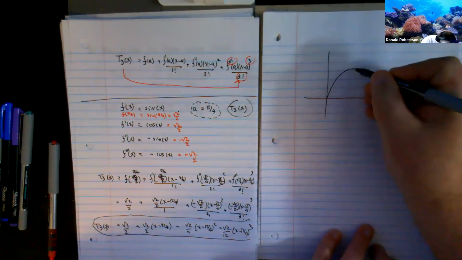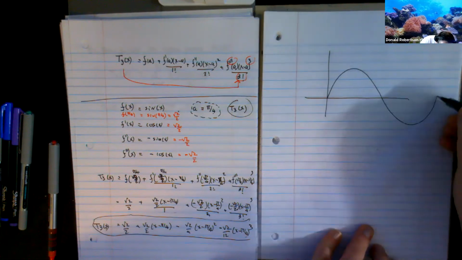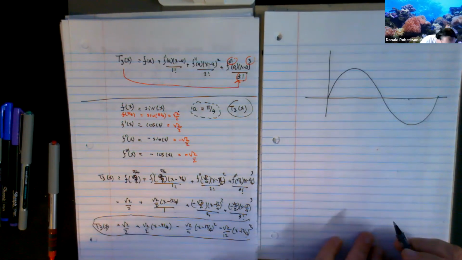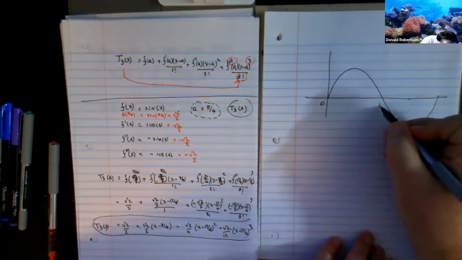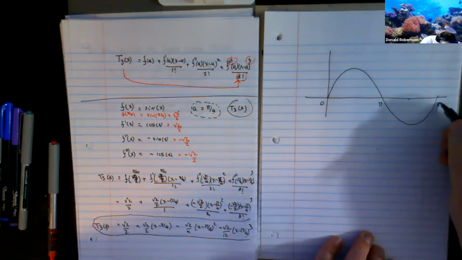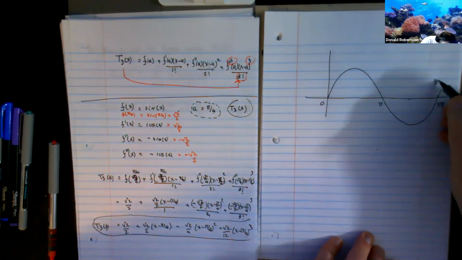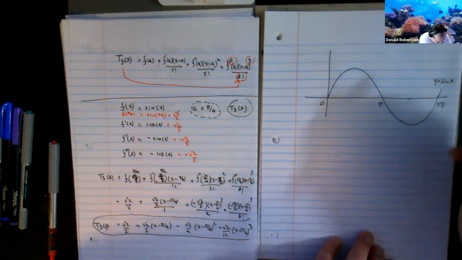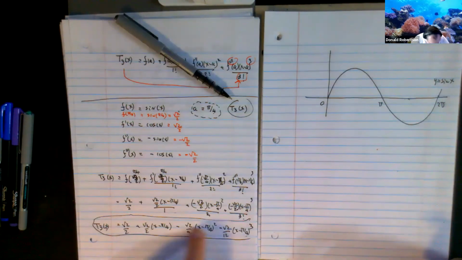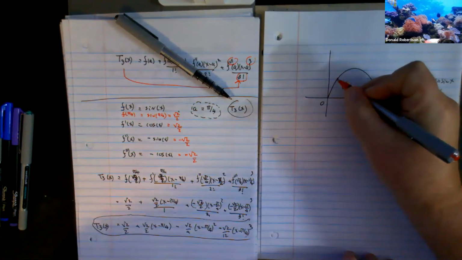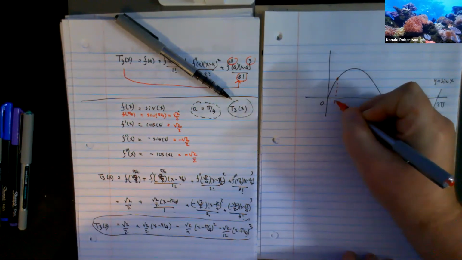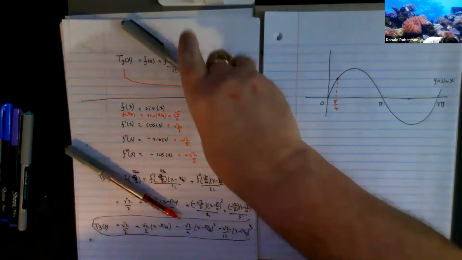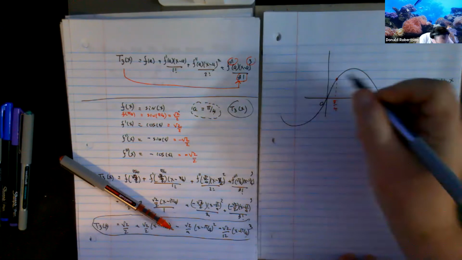Can you imagine that that's 1 cycle of sin x? Right? So there's 0, there's pi, and there's 2 pi. So that's what sin x looks like. Now, if I sketch this guy at pi upon 4, I guess I should do more of the sine function, right? Like this.